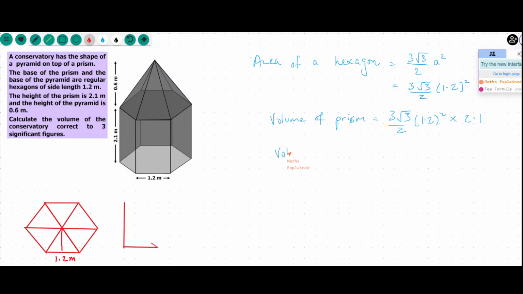And then the volume of the pyramid: as we said, a pyramid is a third of the prism that lies within. So the hexagonal prism there would be 3 root 3 on 2 times 1.2 squared times the height, which is 0.6. And then if we take a third of that, we should get the volume of the pyramid. And then we just stick that in a calculator, I guess.